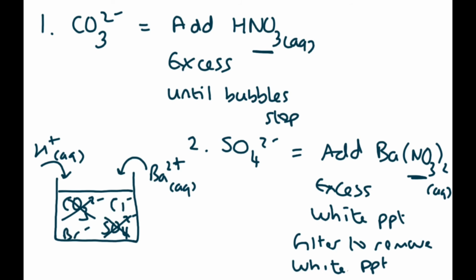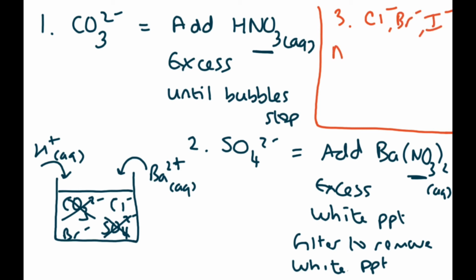So your final test is the halide test, chloride or bromide or iodide, and that is where you add silver nitrate. So again, it's nitrate because it doesn't get confused, and then you will look to see the color of your precipitates. Right, those are all the tests for anions for first year.